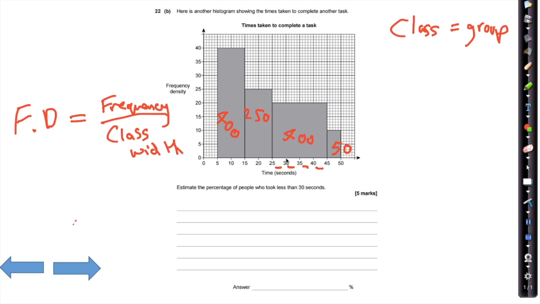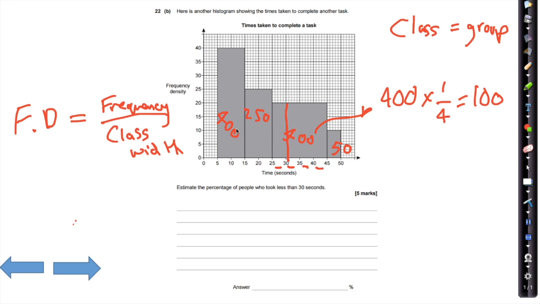So we want less than 30 seconds, so we take this 400 and ask, what is 1/4 of it? That will be 400 divided by 4 times by 1, which will be 100. So there's 100 people that were less than 30 seconds.